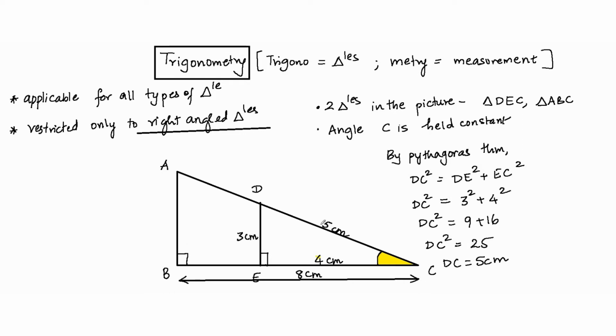We have a right angle triangle DEC where EC was 4 centimeters. Now I have doubled the base to make it 8 centimeters. That means BC is 8 centimeters now. Can you guess what will happen to the measure of AB? I will give you a few seconds to think about this before moving on.